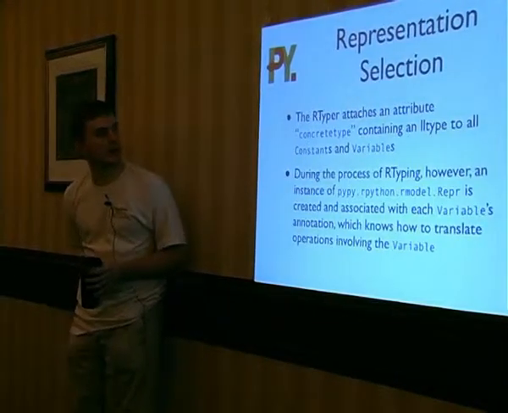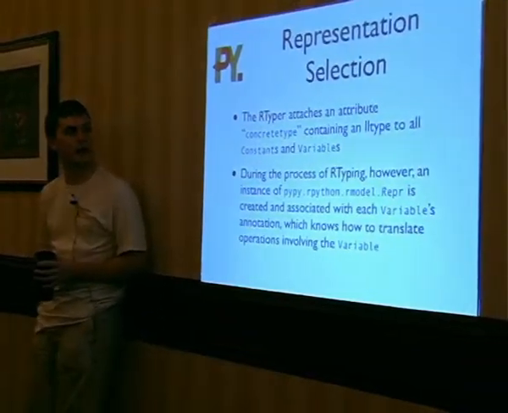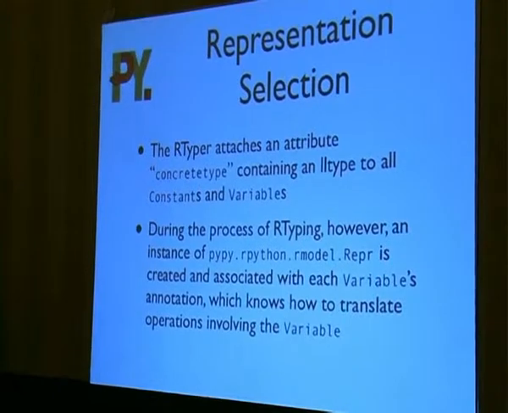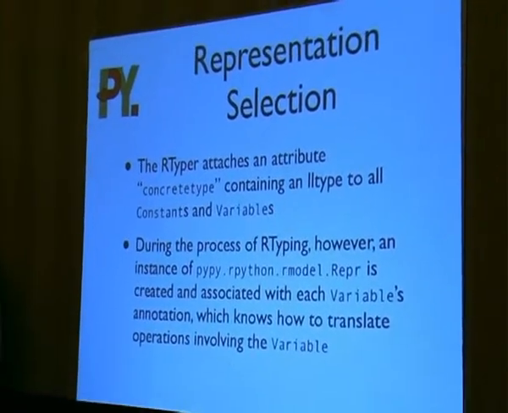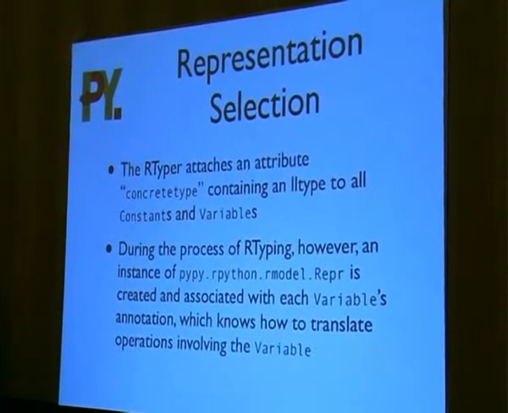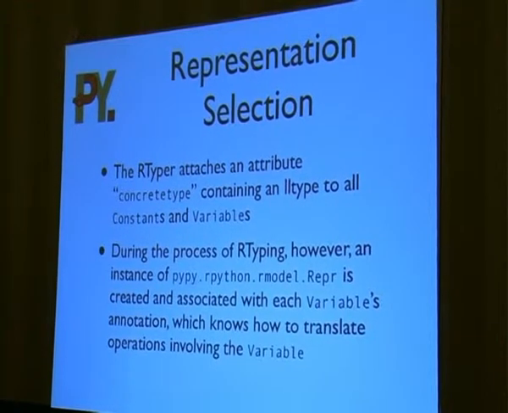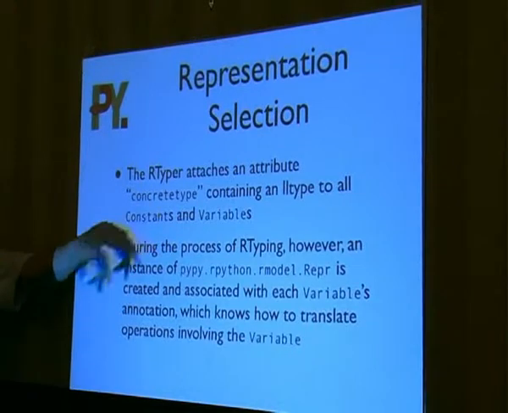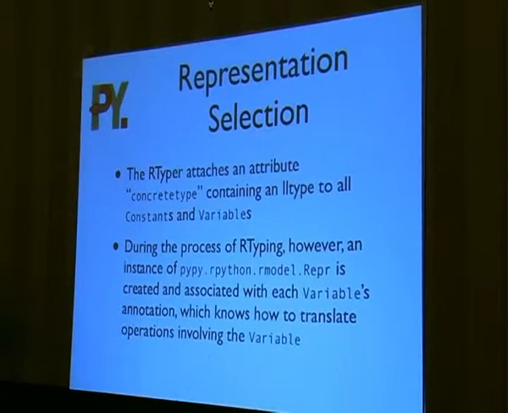So, in some sense, you could say the main job the R-typer does is it attaches this attribute concrete type to all the variables and constants that occur in the input program, the graphs of the input program. This concrete type is an LL type, so for something that's annotated as some integer, it will probably be lltype.signed, but not always.